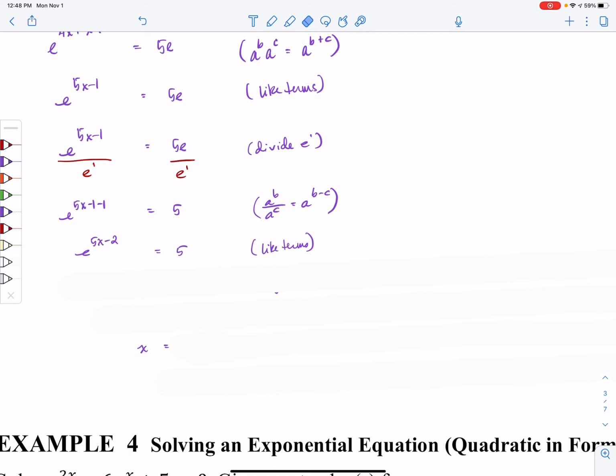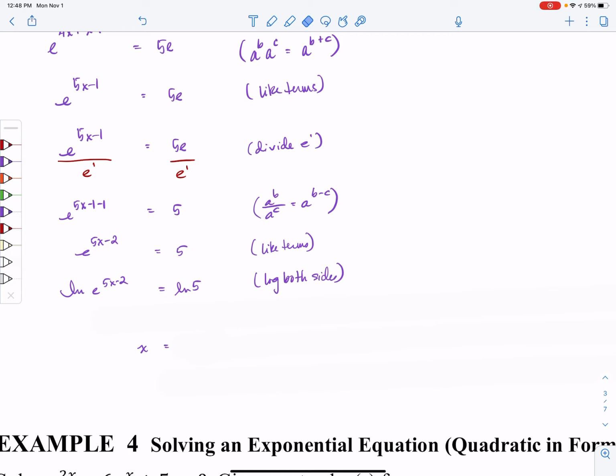All right, so now this looks like my very first option in my gray box, where my power is in my unknown. And I can either get bases alike, which is not possible in this case, or I can log both sides. So I'm going to log both sides, and since I have e's in my equation, I'm going to use the natural log.